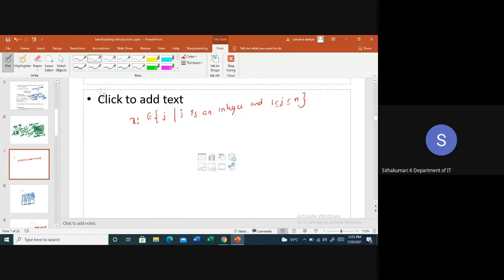The sum of all these wi's should be equal to m. This is called the implicit constraint. Explicit constraint means each xi can take any value between 1 to n, if n is the number of integers. And implicit constraint is that the sum of all these wi should be equal to m.